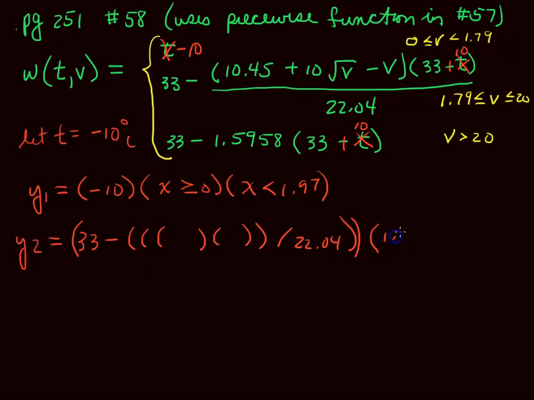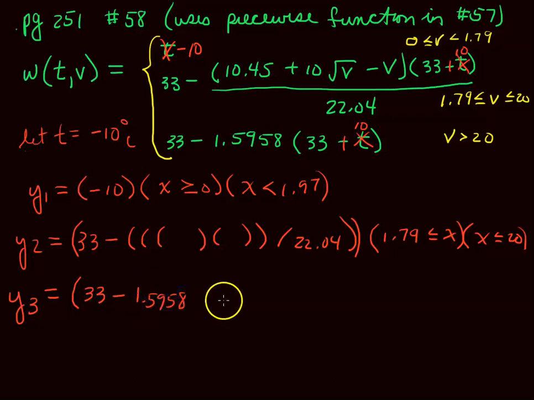Now you've got this, you can do the 1.79 is less than or equal to x, and x is less than or equal to 20. That will go in y2. In y3, we're going to start your parentheses, 33 minus the 1.5958.